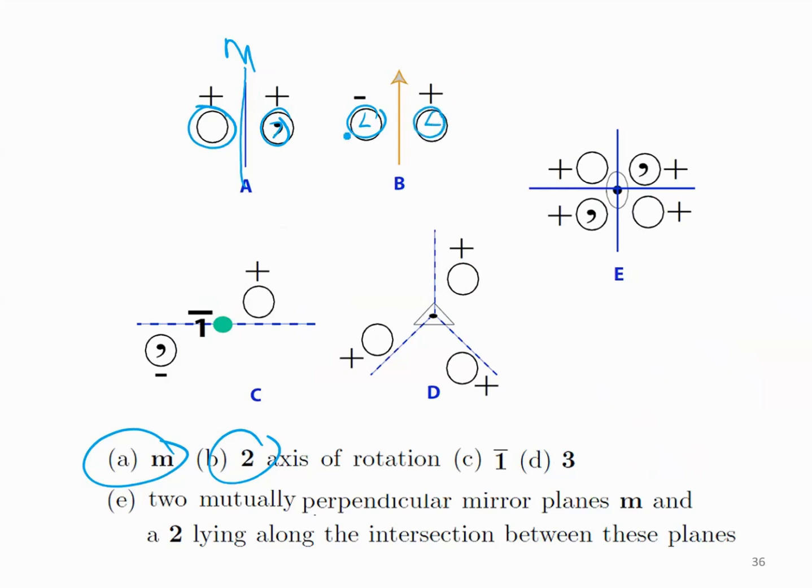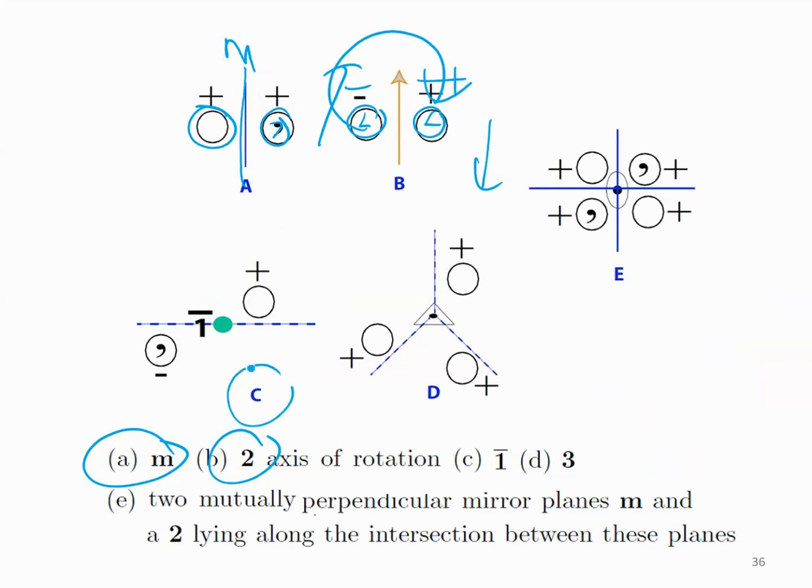Plus and minus just means that one is nearer to you and one is pointing inside the screen. Because this is 2D, it's very difficult for us to present a 3D thing. Plus just means it's nearer to you, and minus means it's toward the screen. So it just rotates by 120 degree.